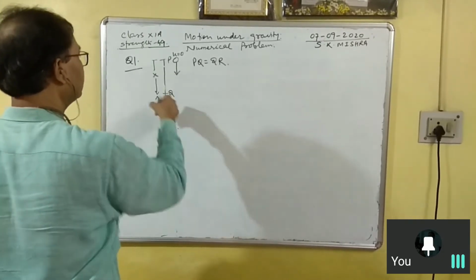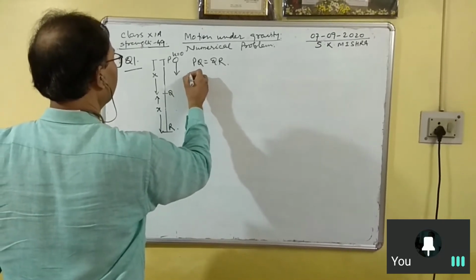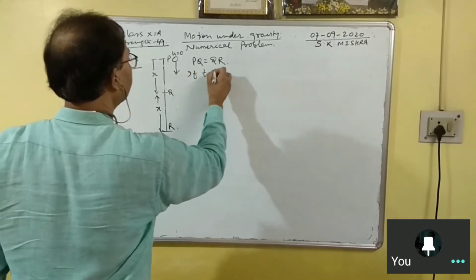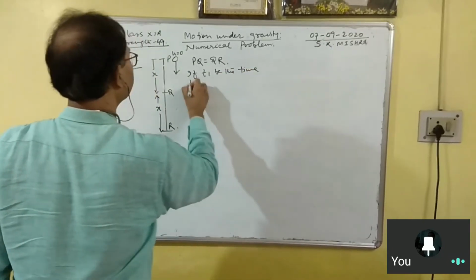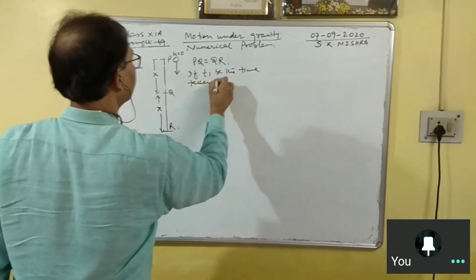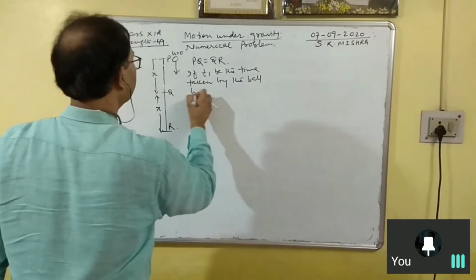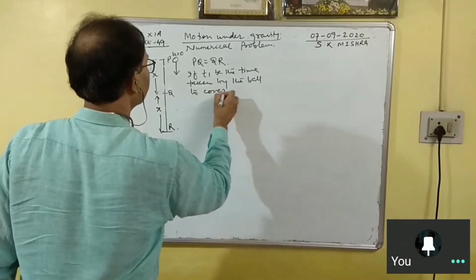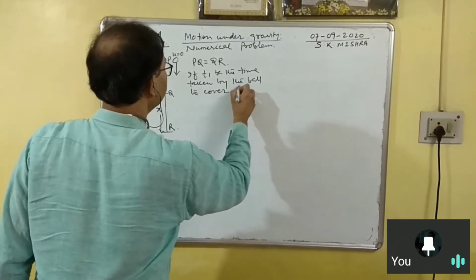Then you can write X from P to Q. Let T1 be the time taken by the ball to cover the height PQ.